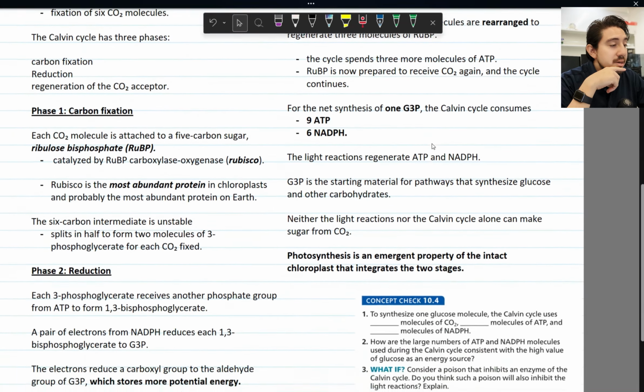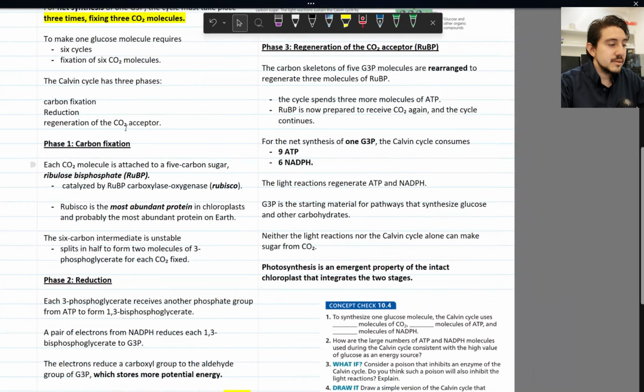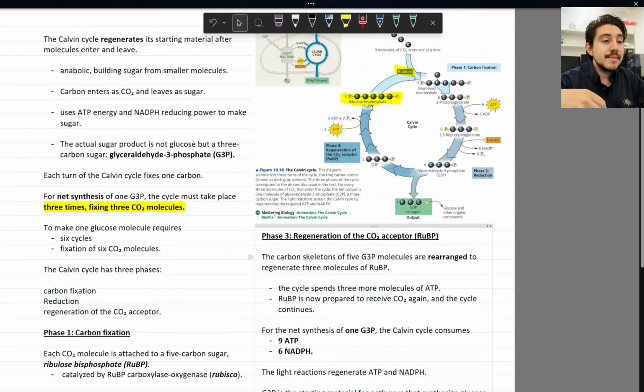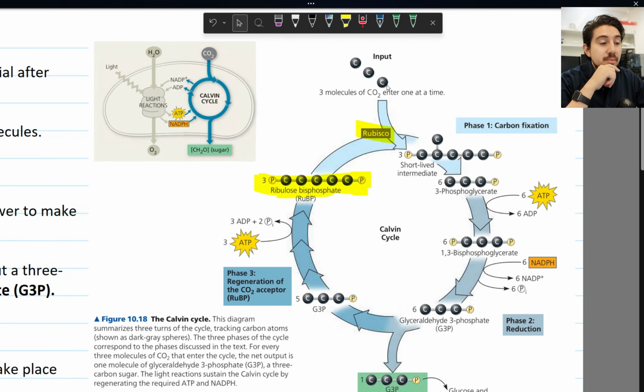So what happens in phase 1, carbon fixation? To fix carbon means you obtain that carbon and create a molecule with it. Each carbon dioxide molecule will be attached to RuBP, and this RuBP will come in and get the carbon dioxide molecule, and they will be fixed together with an enzyme called Rubisco, a very, very famous enzyme.